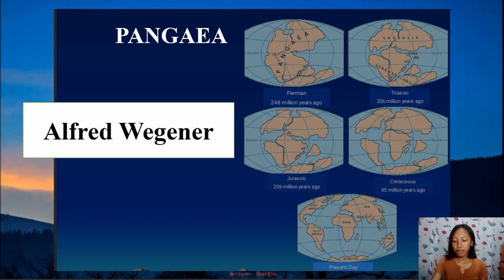So this picture shows how Pangaea evolved into how the continents look like today. So moni ang Pangaea, the kaning first picture. Then this Pangaea started to break into smaller supercontinents called Laurasia and Gondwanaland.